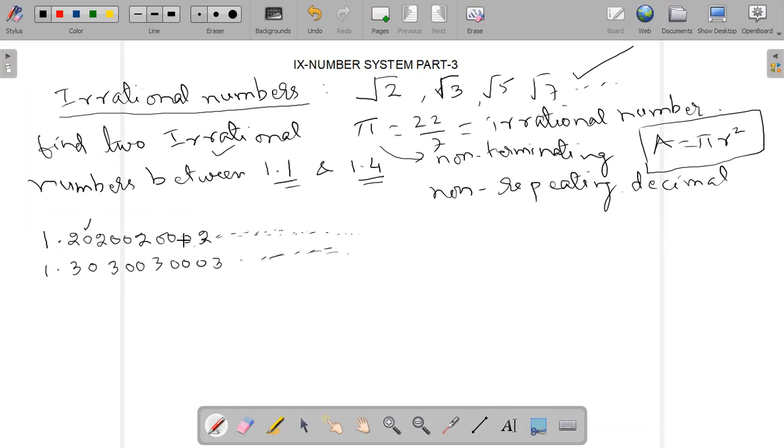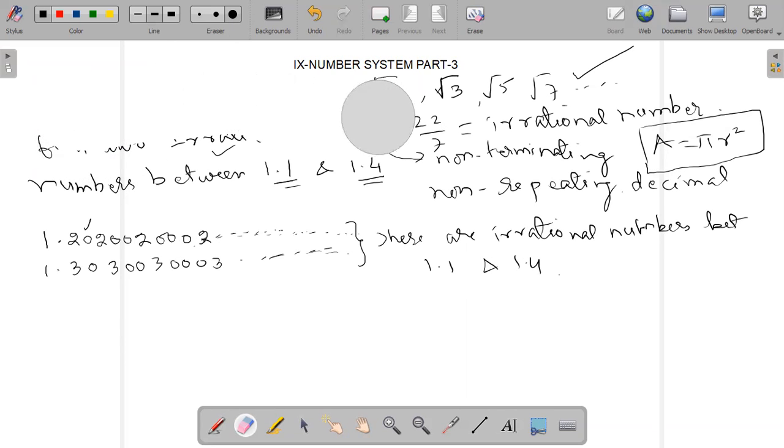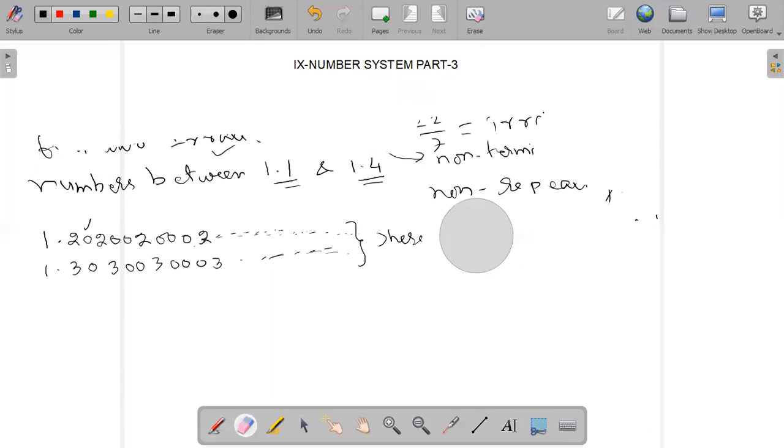So these are the two irrational numbers between 1.1 and 1.4. So this is the extra knowledge about finding irrational numbers between any two rational numbers.